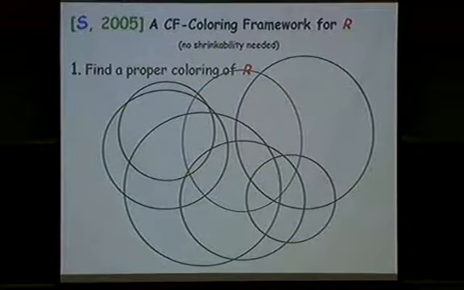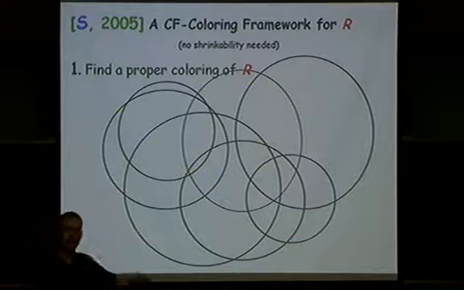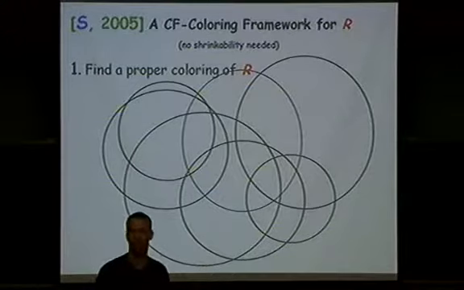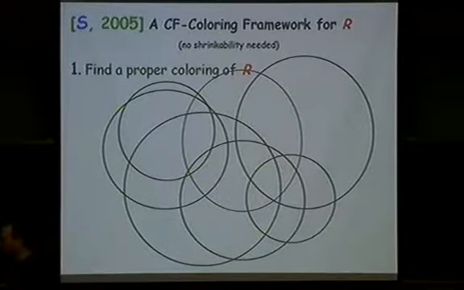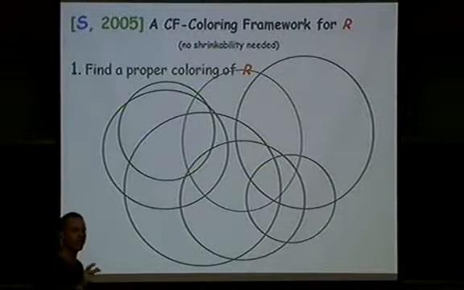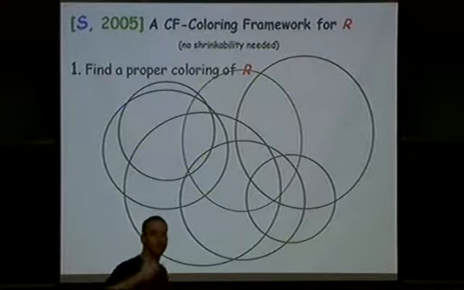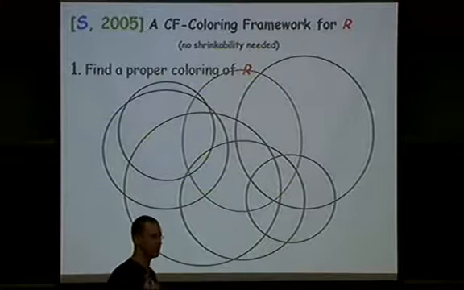So what I'm going to present now is a very general framework that does not need shrinkability. It works for any hypergraph. I chose this just to demonstrate it, but we don't need that. So any hypergraph could be colored, as long as we know something about properly coloring that hypergraph with a small number of colors; this translates to a conflict-free coloring of that hypergraph with a small number of colors.